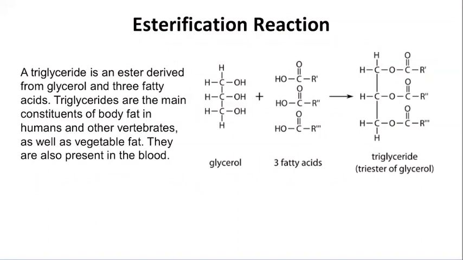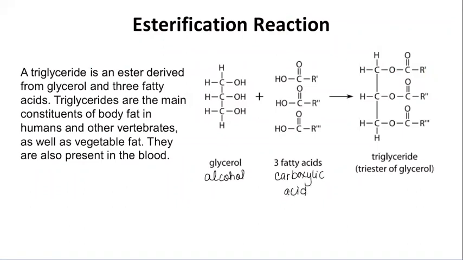So what component of the molecule is the alcohol? The glycerol. What is the carboxylic acid? 3 fatty acids that are going to be linking to the OHs in the glycerol. So this is going to be your component of carboxylic acid.